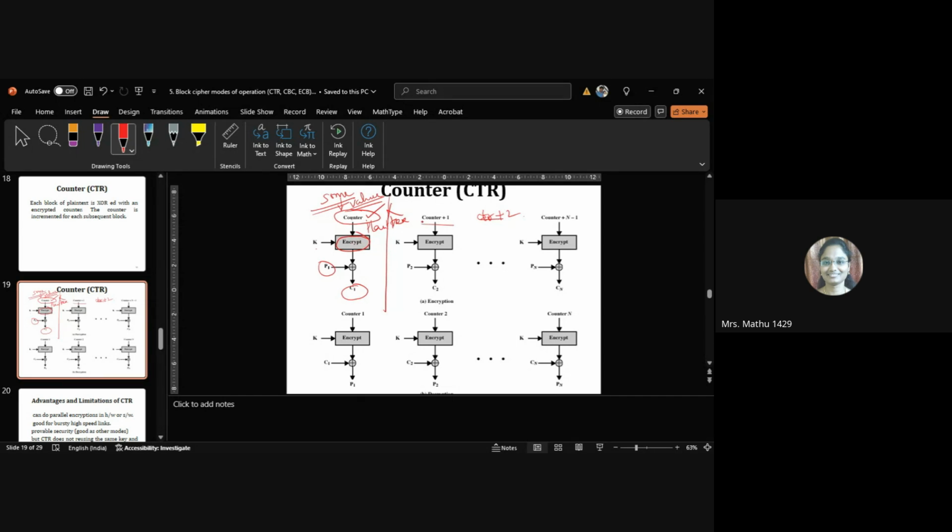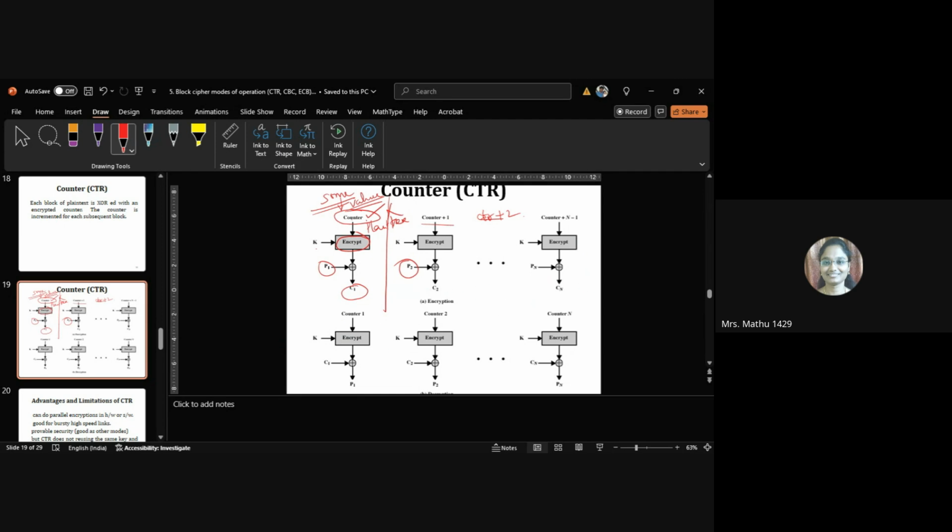For encrypting the second block of plain text, we increment the counter value and encrypt it using the key, and that will be XORed with the plain text. Now this process happens for every single plain text block separately, so you will be getting different ciphertexts from C1 to CN.